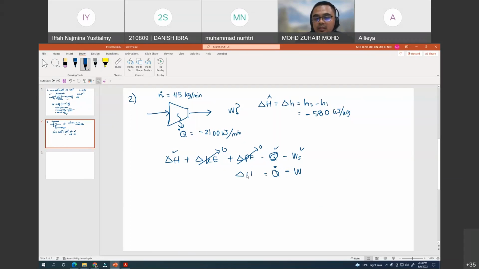So this is delta H. What we need to do is make sure the units work in order for us to solve this.